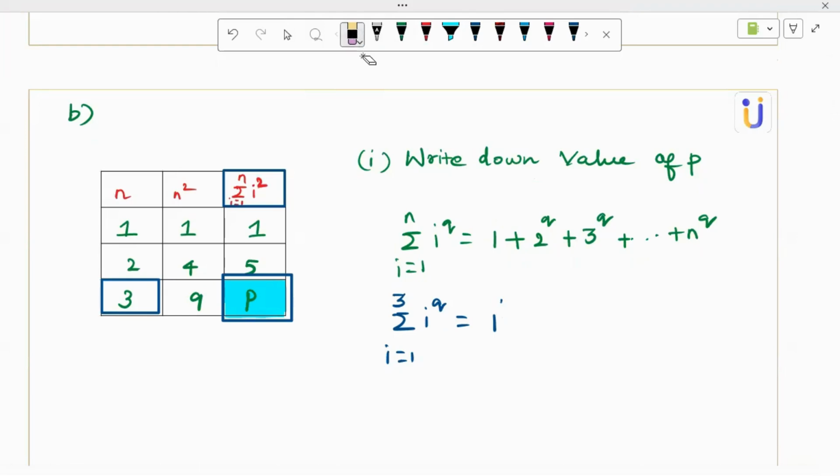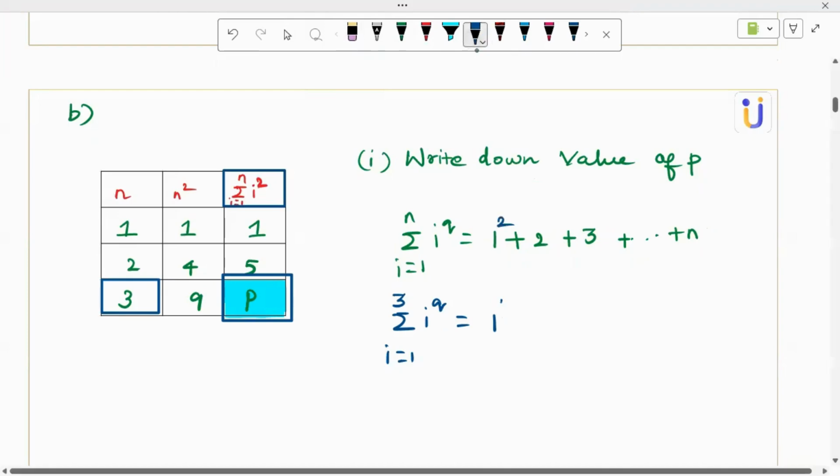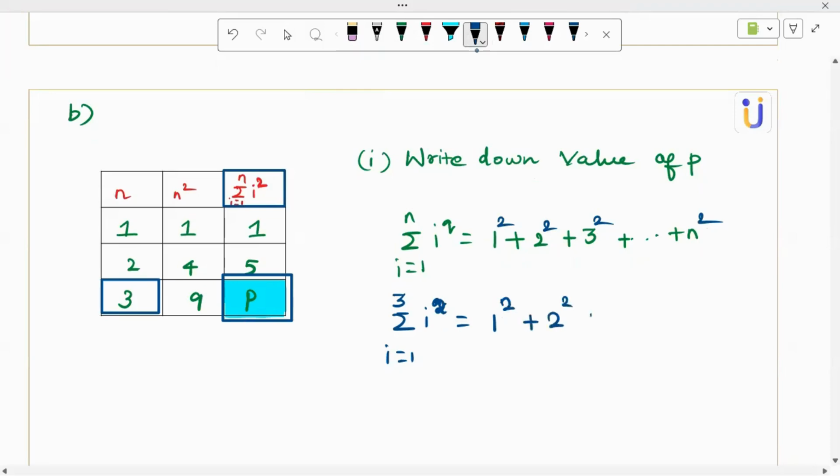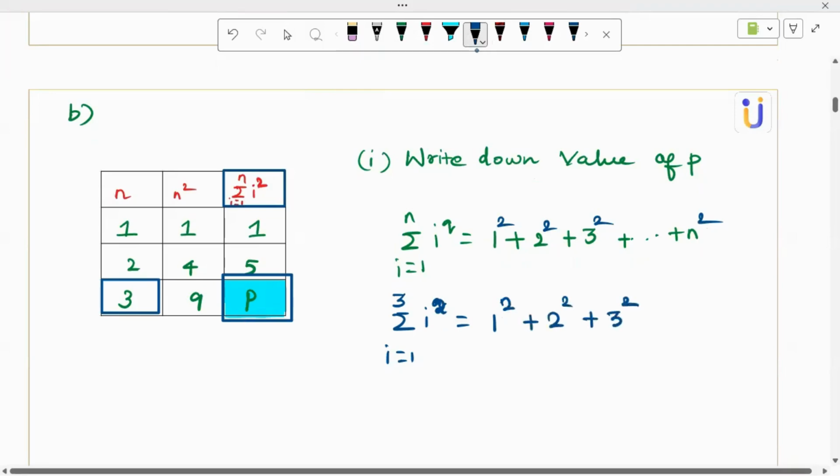It's not like complex number i. So this will go like 1 square, 2 square, 3 square, and so on, n square. Right? So sigma i equals 1 to 3, i power 2 means 1 square, 2 square, plus 3 square. And it's very simple. Like 1 plus 4 plus 9, it's going to be 14.